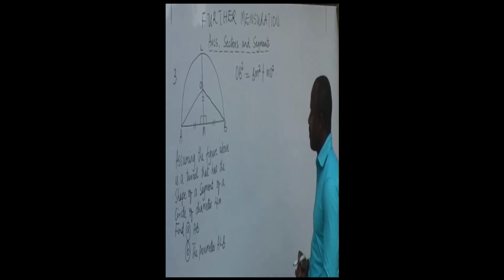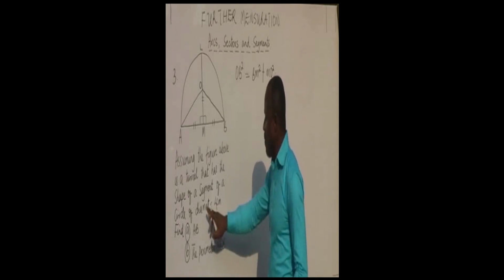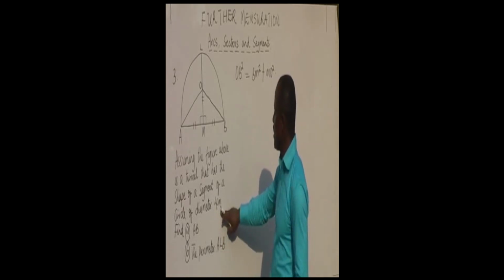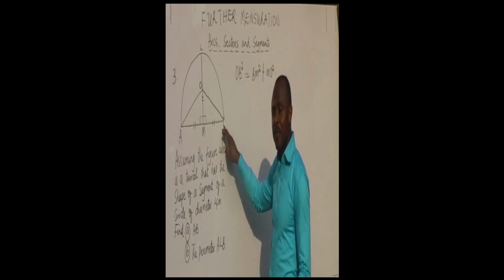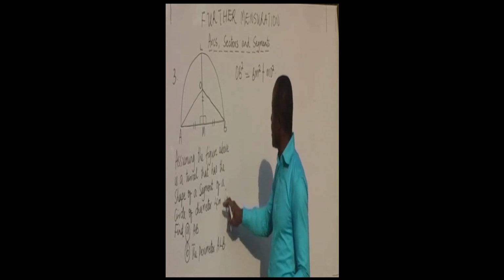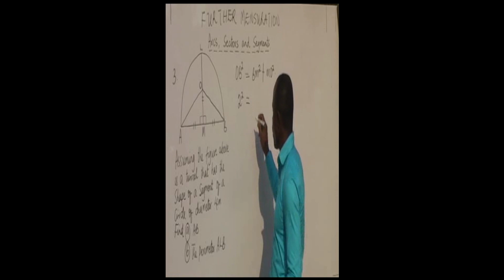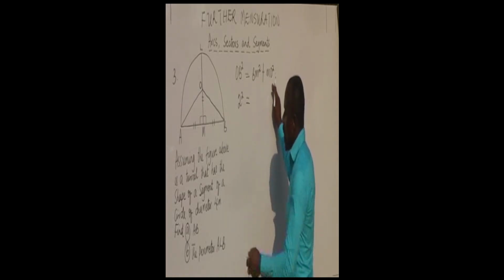The question gave us that the diameter of the circle is 4 meters. That means OB, which is the radius, will be half of the diameter, which is 2 meters. So instead of OB, let's use 2 squared to replace it. It's equal to BM squared plus MO squared.